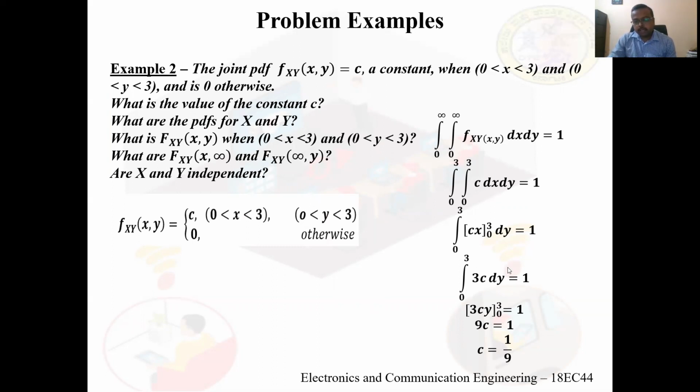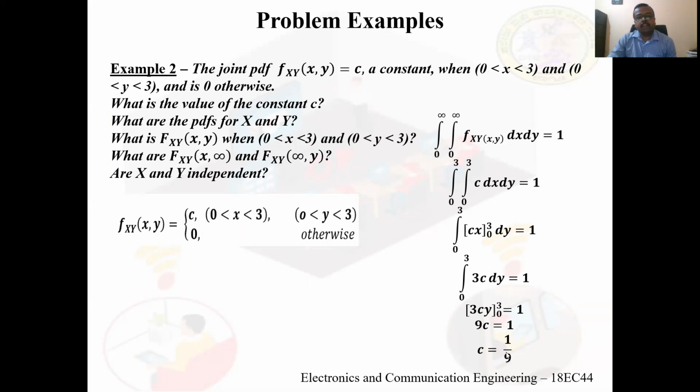Now evaluate this integration, you get 3cy with the limits 0 to 3, this is equal to 1. So 3 into 3 will be 9. 9c is equal to 1. So the constant c value is equal to 1 by 9. Right? The first thing we needed to calculate is the value of the constant c. So what we found here is that the c value is equal to 1 by 9.